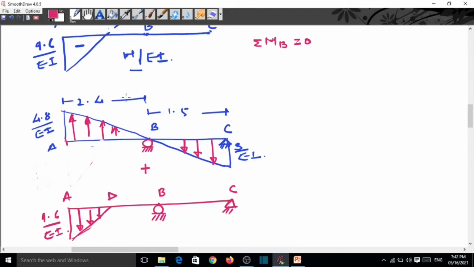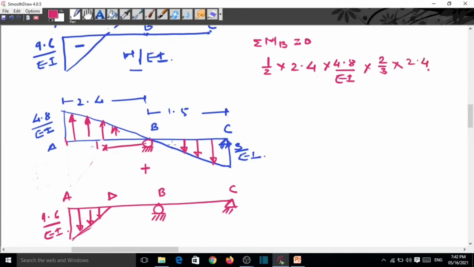This is clockwise, so plus 1/2, base is 2.4, height 4.8 divided by EI, multiplied by the distance x bar, which is 2/3 of this 2.4.